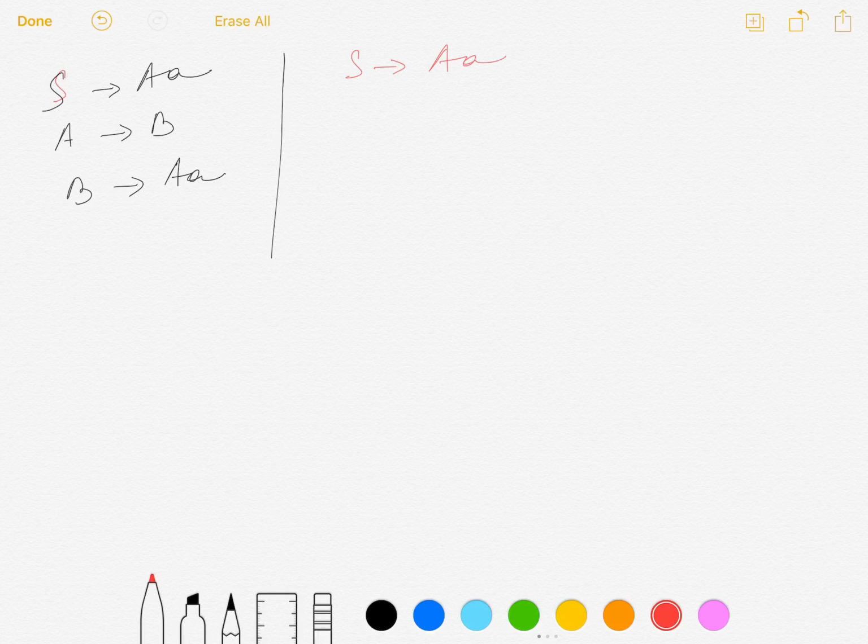As S is the start symbol, replacing S with A. Now, this A with B, then I must get BA. Now, B with A again, what a confusing thing. Again this A must be replaced by B, then it will become BAA. Now, this BA with AA.